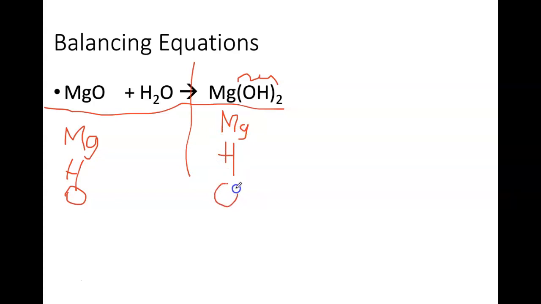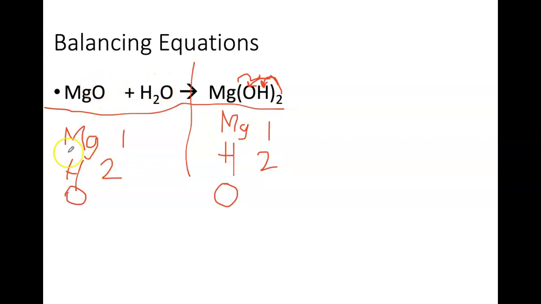And sometimes if I have a little more complicated reaction, I like to list all the chemical species, is what we would call those, first. So I can see I've got 1 Mg, 1 Mg. We're good. Hydrogens, I've got 2 hydrogens. Now this one's a little tricky because this 2 is going to be distributed to both of these elements in here. So that's going to mean I have 2 hydrogens.